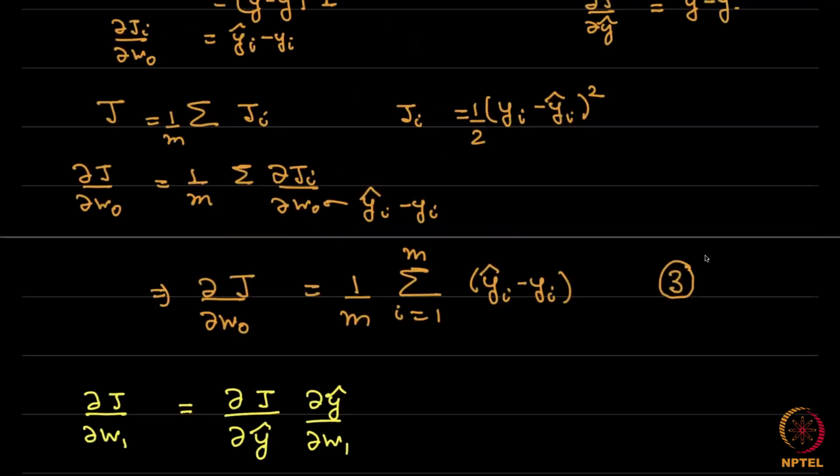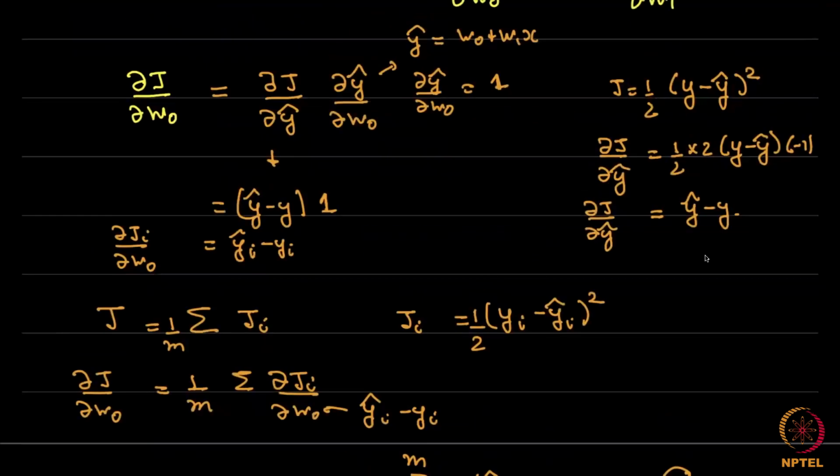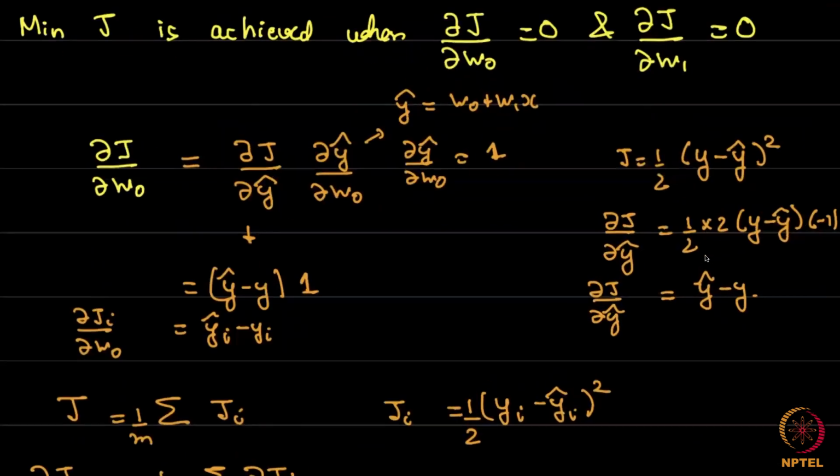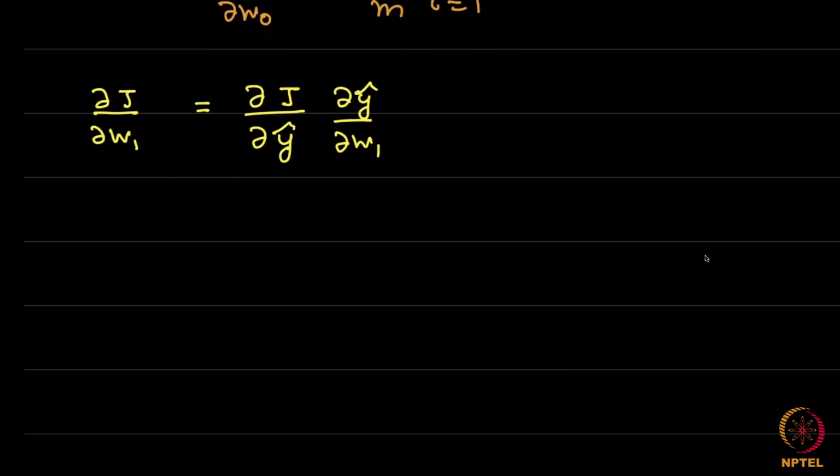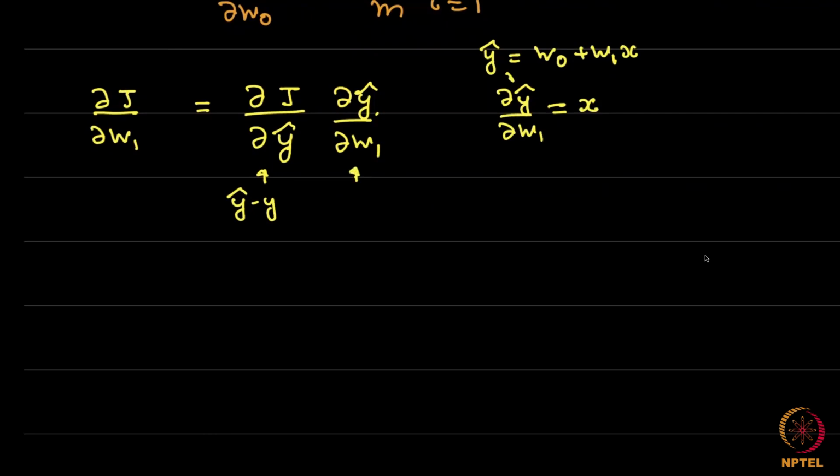Del J del y hat we just calculated, as you saw here. Del J del y hat is simply y hat minus y. So we are going to call this y hat minus y. And y hat was our model, which was w0 plus w1 x. So del y hat del w1, the derivative of this with respect to w1, is simply x. So this is going to be x.